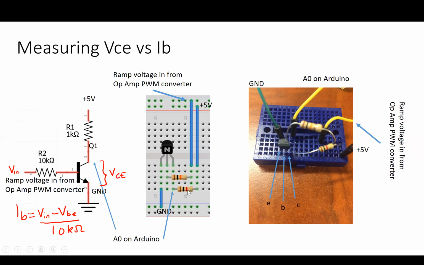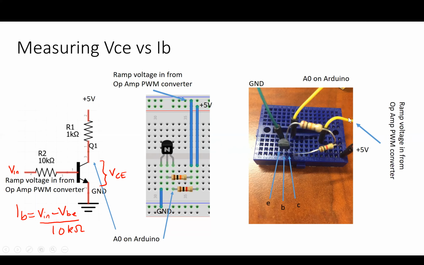By the way, the nice thing about these Fritzing diagrams is they show you your color codes. The base is driven by the ramp generator here through a 10 kilo ohm resistor, and then the emitter is grounded. So here's our circuit, here's what my real life circuit looked like. I took the collector here to the analog read on the Arduino.